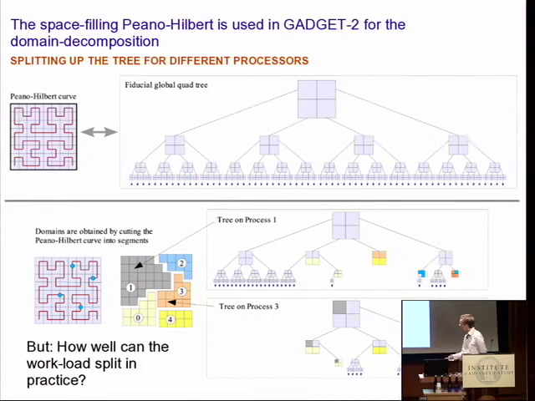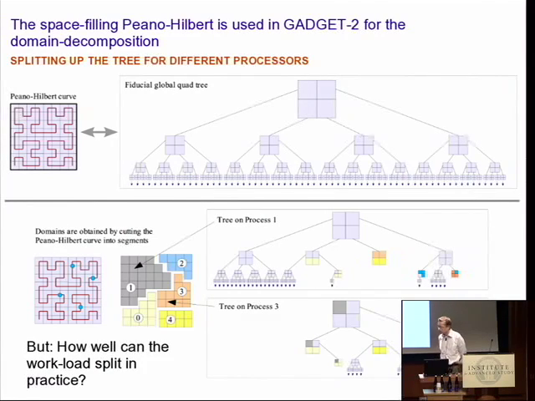So you want to make these pieces that you obtain by, say, cutting a space filling curve, these five domains. You want to cut them such that the particle load is maybe roughly balanced, but that's not the only criterion. Maybe each of these particles here has a different calculational cost for the gravity force.